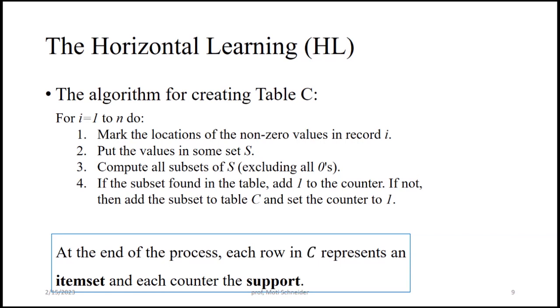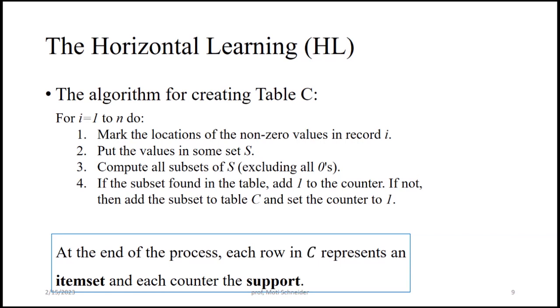You find the locations where you have non-zero values in a particular line or record. Now I say non-zero because in practical use, it can be anything. It can be a real number, it can be a word, it can be an alphanumeric value, anything we want, but for simplicity, I use 0 and 1 in the example, so you can take it anywhere you want.